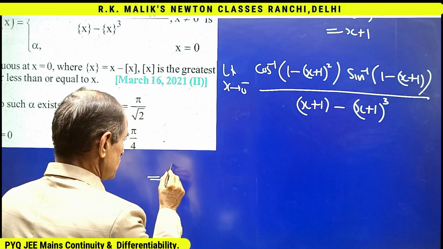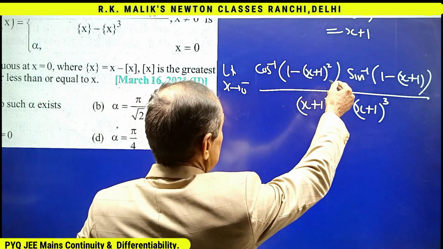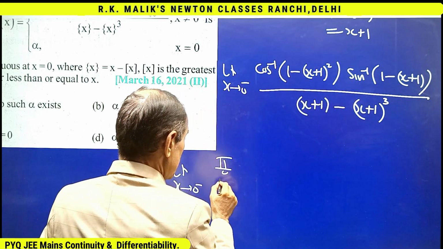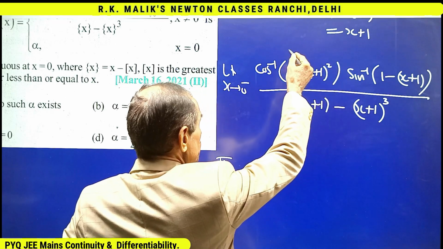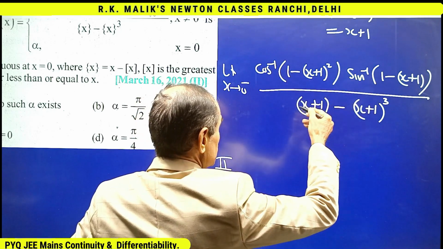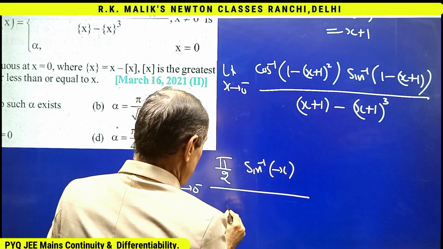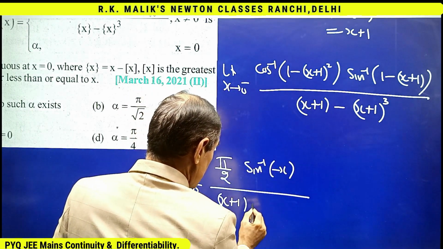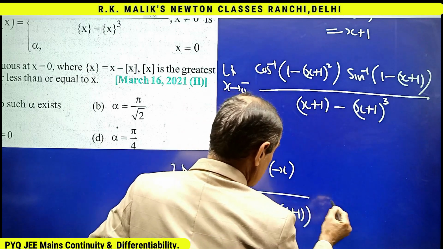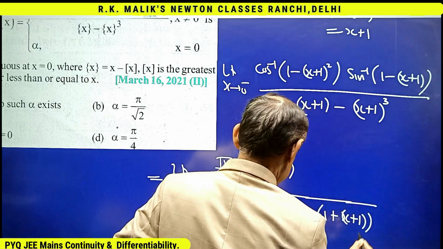This is equal to limit x tends to 0 minus, this part is clearly tending to 0 and cos inverse 0 is pi by 2. Hence we are allowed to take the limit of this part because it is a finite number and it is in multiplication or division with remaining whole question, and this part becomes (x plus 1) into (1 minus (x plus 1)) into (1 plus (x plus 1)).